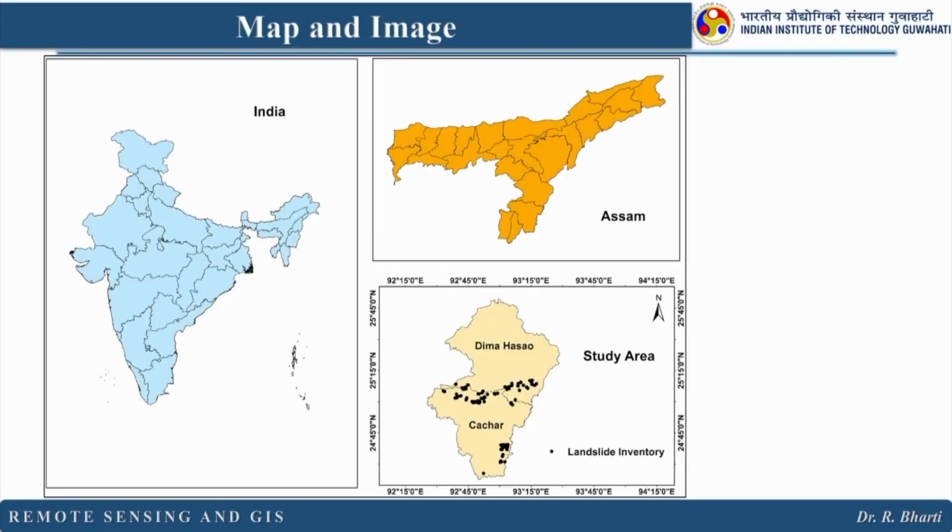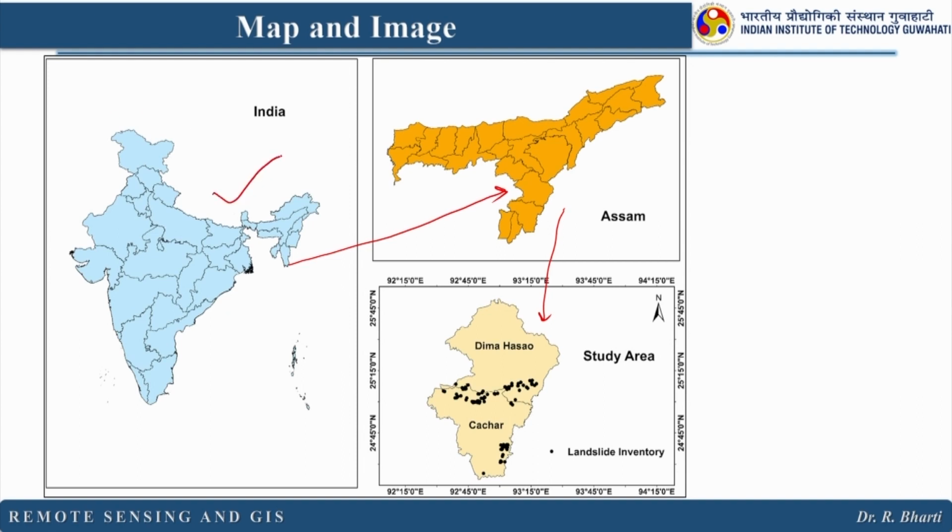This is another example. Here is the general way we represent our study area. This is India, and from India this is the part which is represented here, and from this is your actual area. So here you will understand the difference between map and image. This is one image.